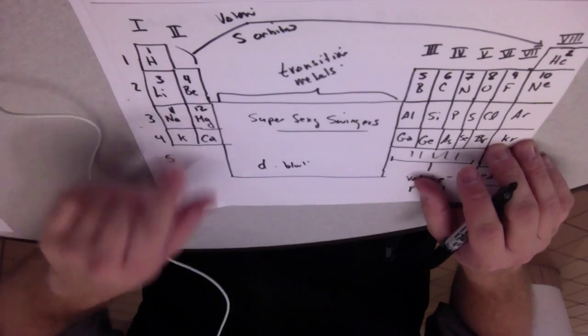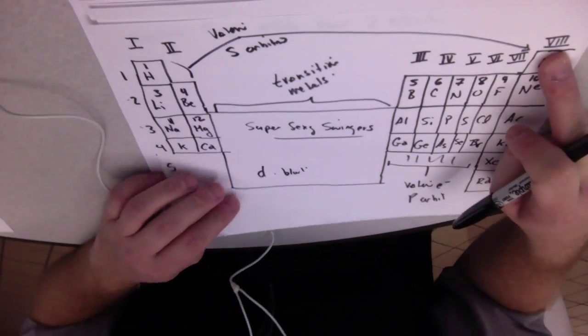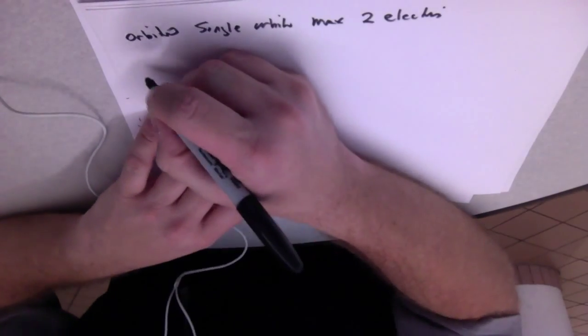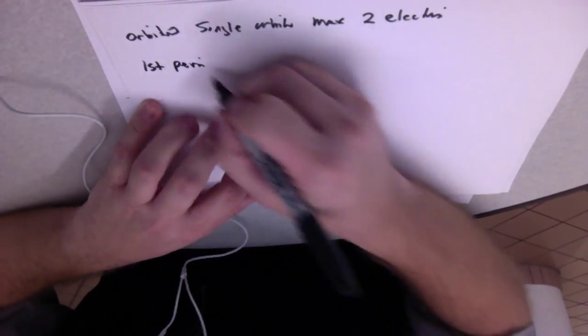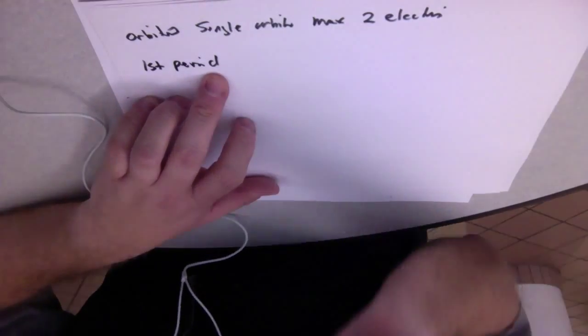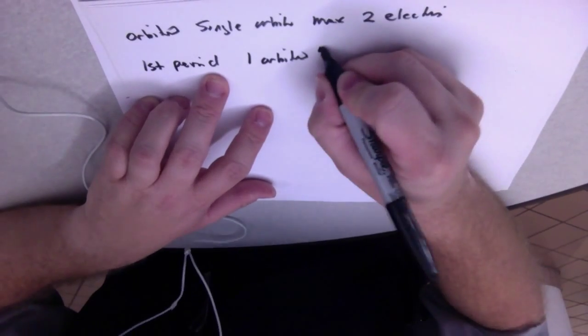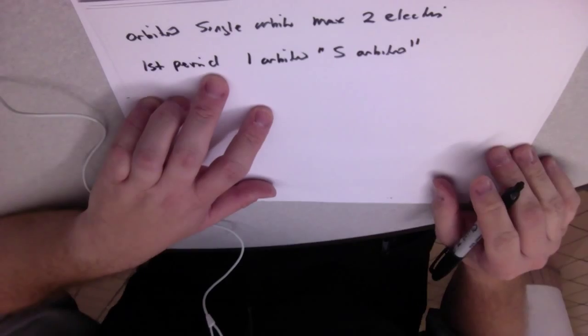Let's start at hydrogen. Hydrogen is in the first energy level, because it is a group 1, first period element, and the first period only contains 1 orbital, what we call an s orbital. 1 orbital, that's it.